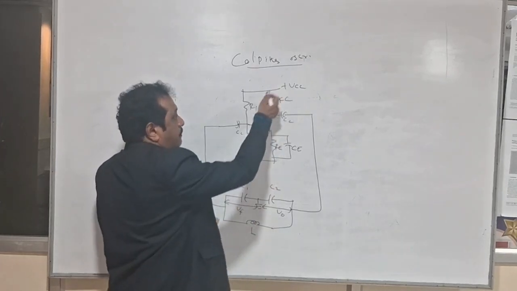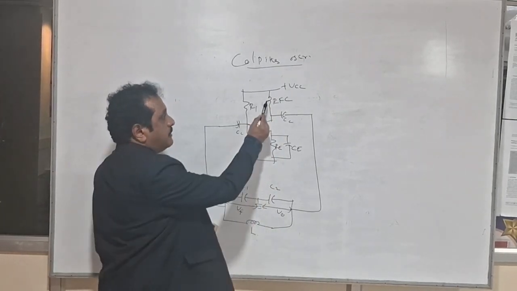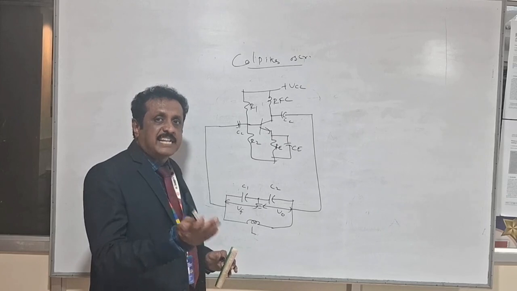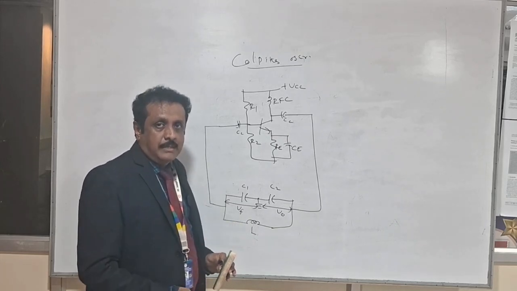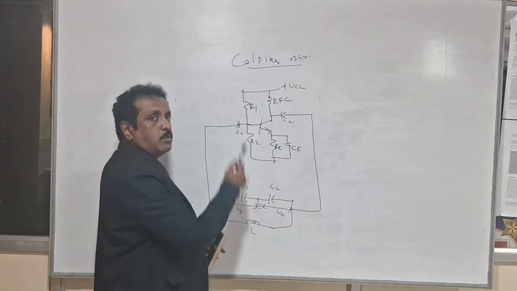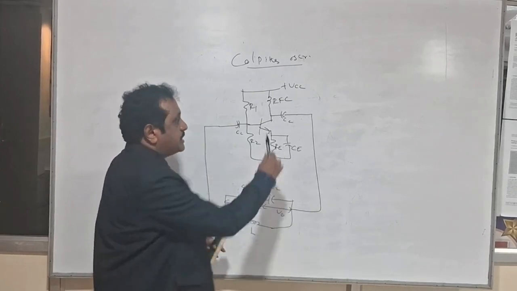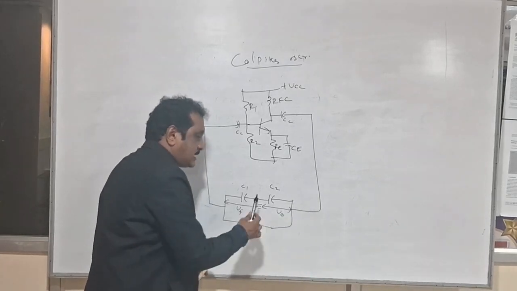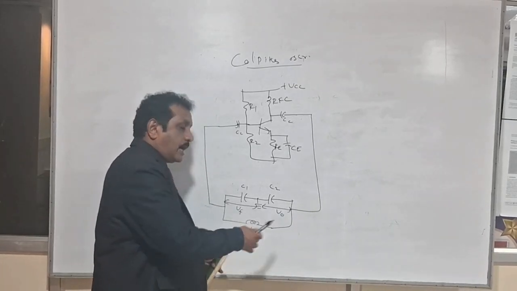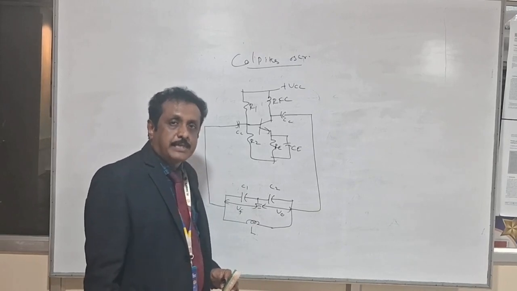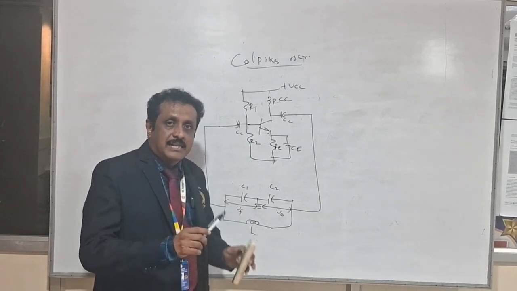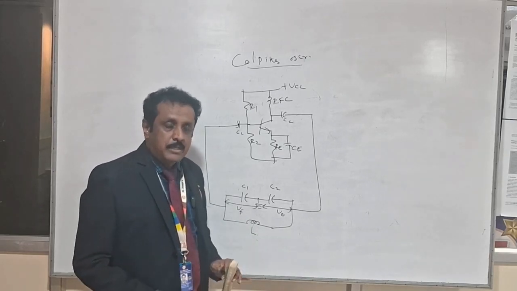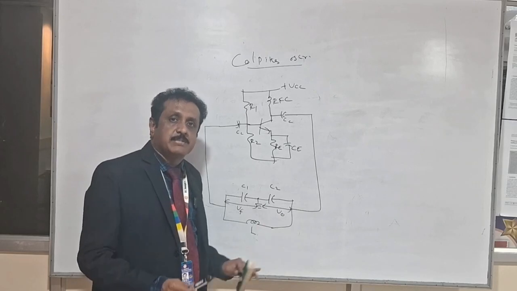When the supply is given, the RFC will be active, so that it blocks the transient AC from the supply. It allows only the DC voltage to the collector, which is coupled to the tank circuit. Once the voltage reaches the tank circuit, it starts its operation. That means the charging and discharging action will start. The capacitor starts charging towards the maximum value.